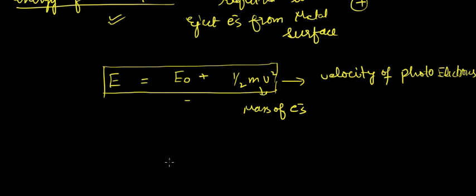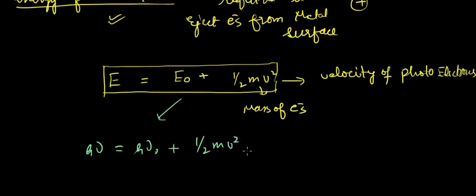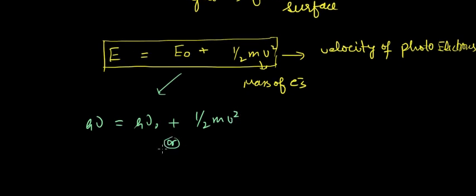So h nu would be equal to h nu naught plus half m v square. Or you can say that hc by lambda equals hc by lambda naught plus half m v square.